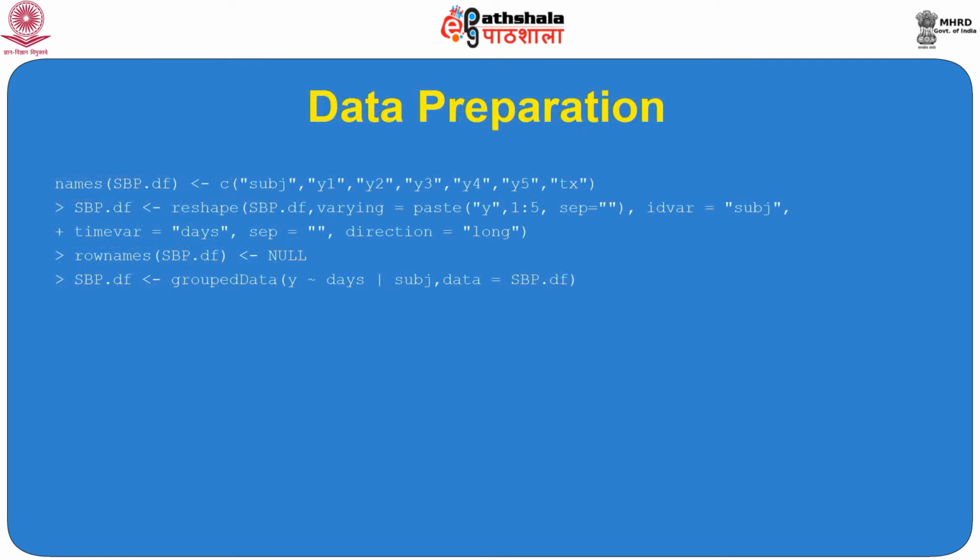Now the names of SBP.df are assigned as X1, X2, X3, up to X5 as subject and y1, y2 up to y5, and sbp.df is again assigned as a reshape of this variable as y of 1 to 5, and the time variable is assigned as days, in units of days, and these are separated with a comma, and the direction is long format to put the variable.